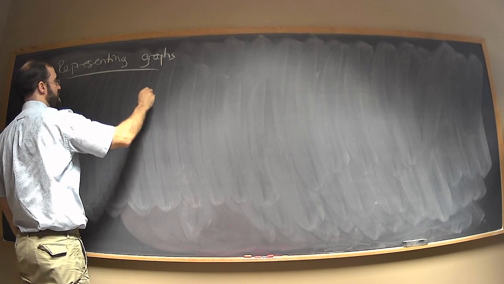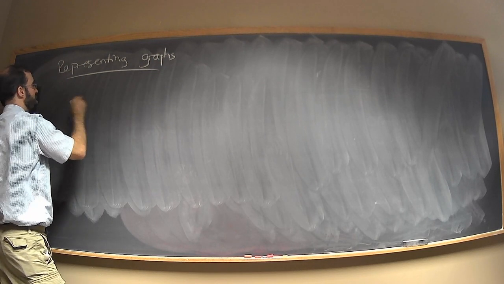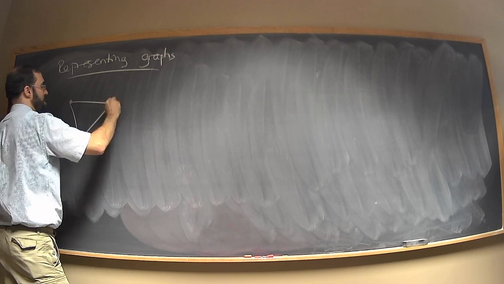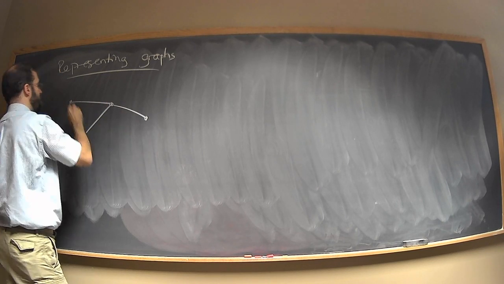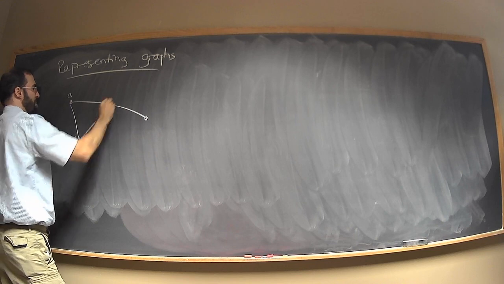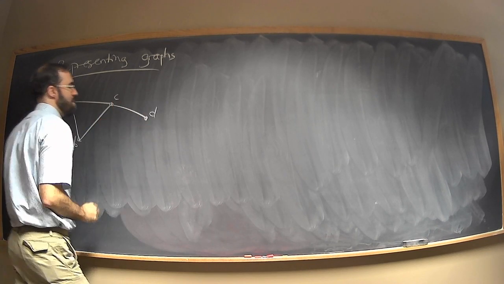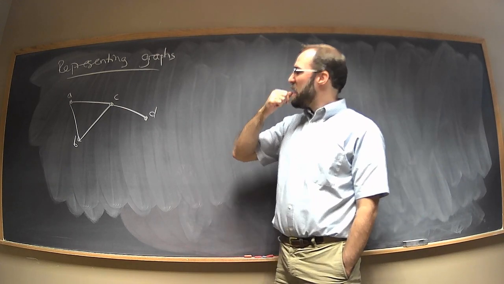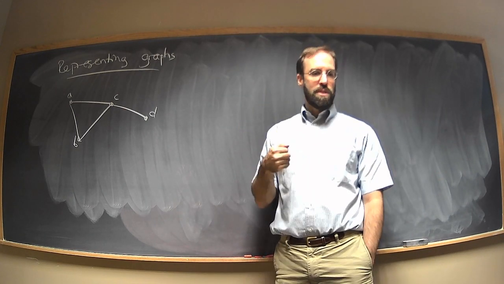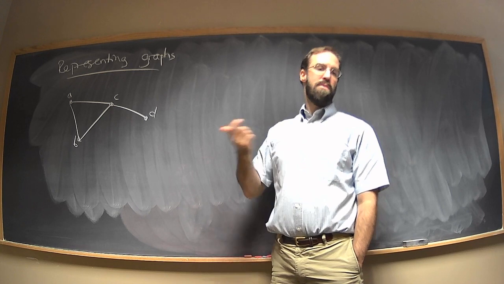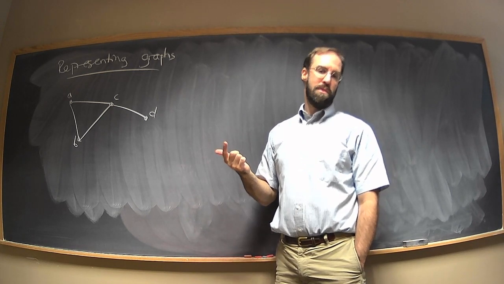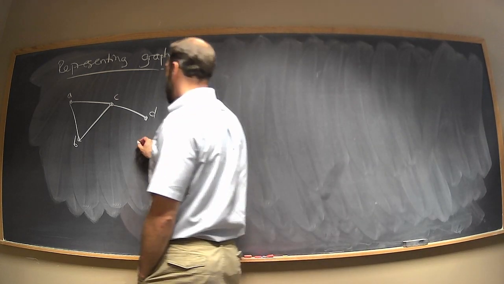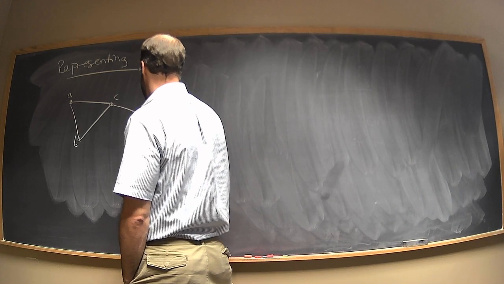Just as a quick example, if I have this graph here, we'll call the vertices A, B, C, D. An adjacency list basically says for each vertex, what are the other vertices that are adjacent to it?